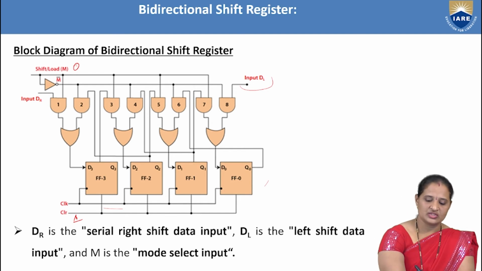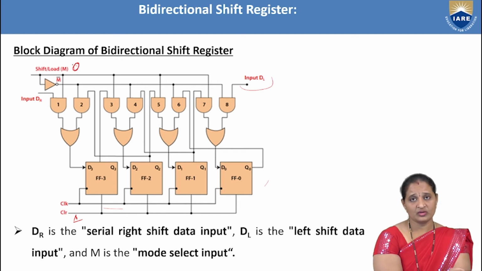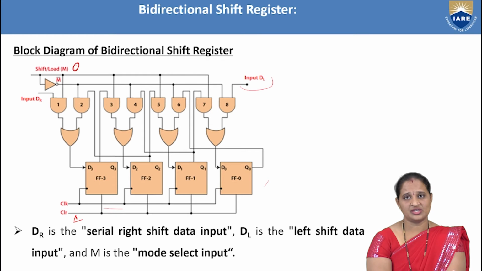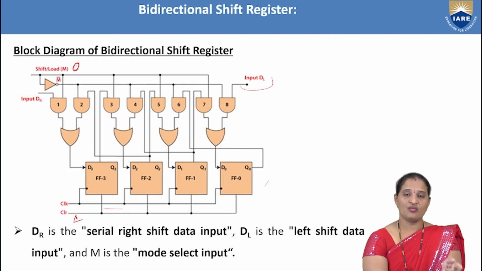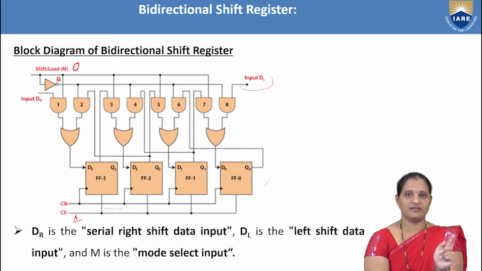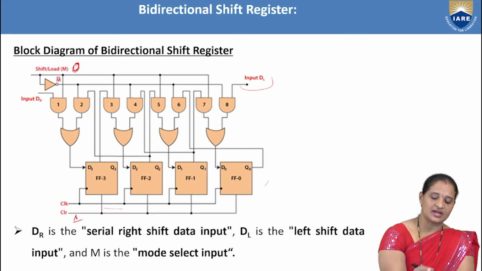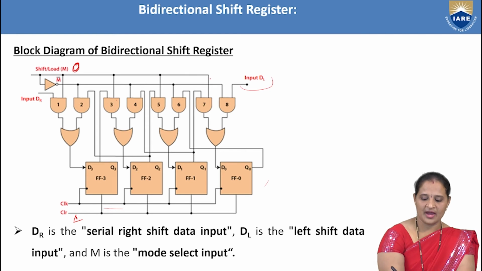We'll see now. As I told you, this is a bidirectional shift register, so we can perform the shift operation either from left to right or from right to left. Now we'll see how it shifts the data in each direction. For that, let us consider this control input as 0 here. That means this line is 0. This is connected to all the odd numbered AND gates: 1, 3, 5, 7.